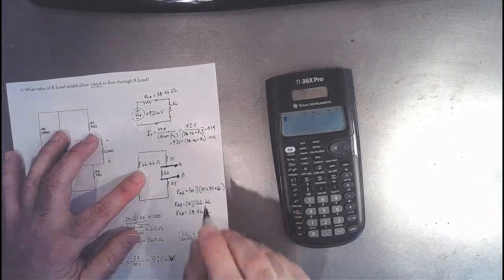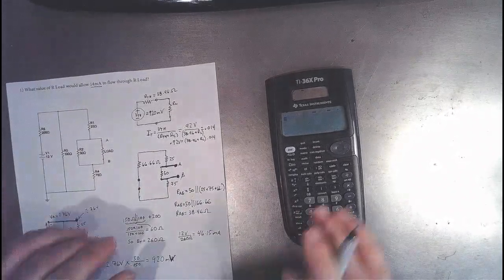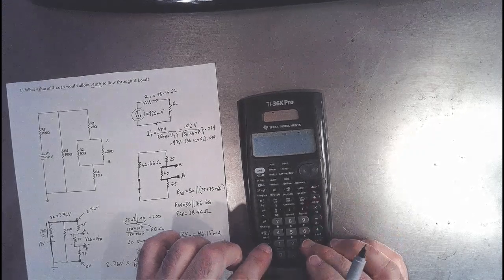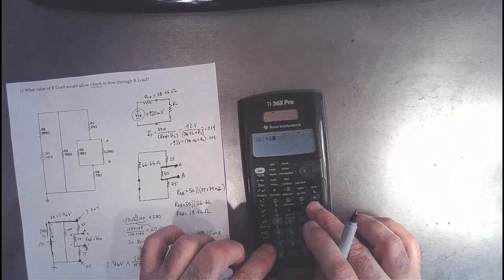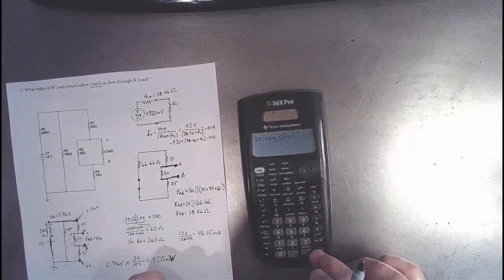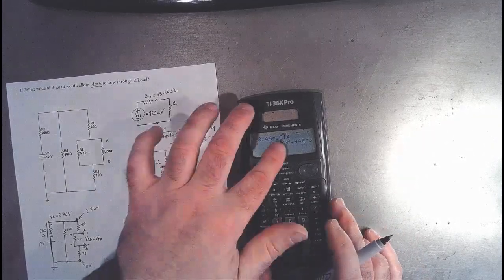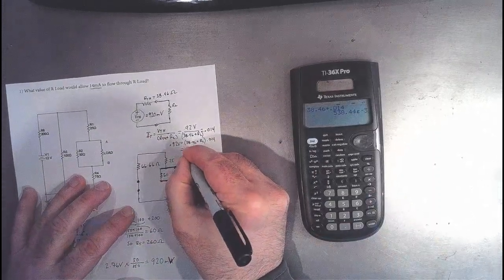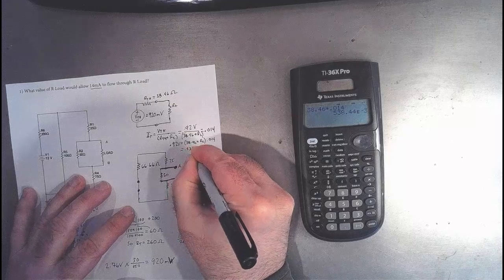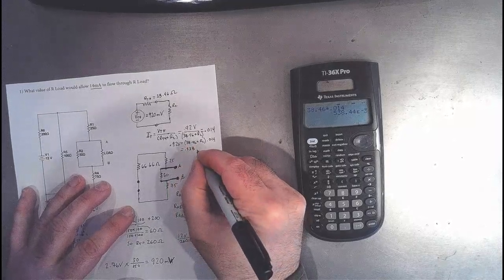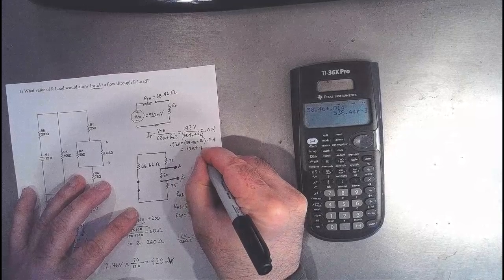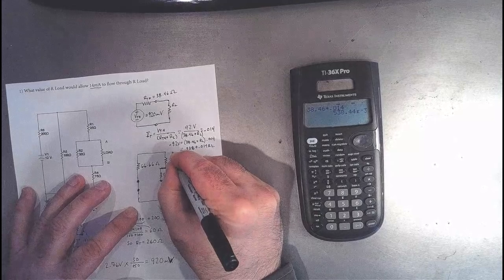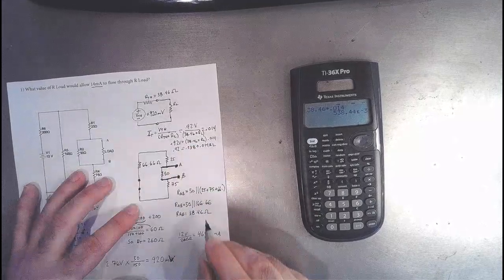So I've got to use the distributive property there. And let's see what we get. So 38.46 times 0.014 is 0.538. And it's going to be plus 0.014 RL. That all equals 0.92.